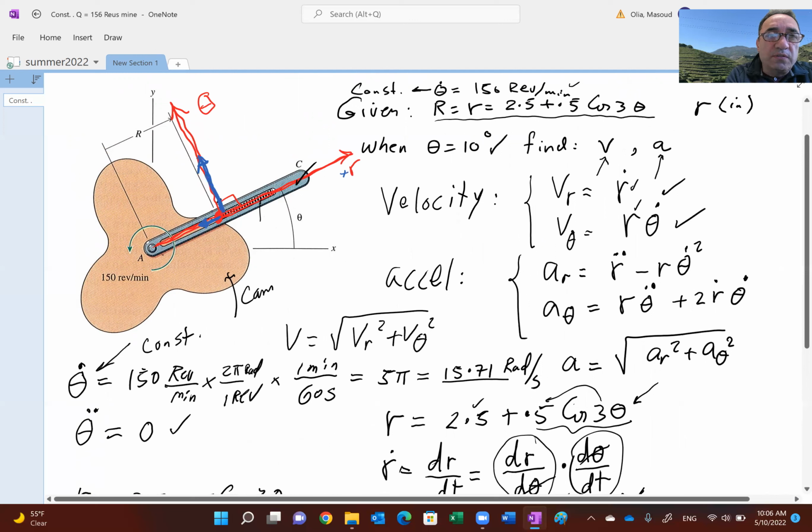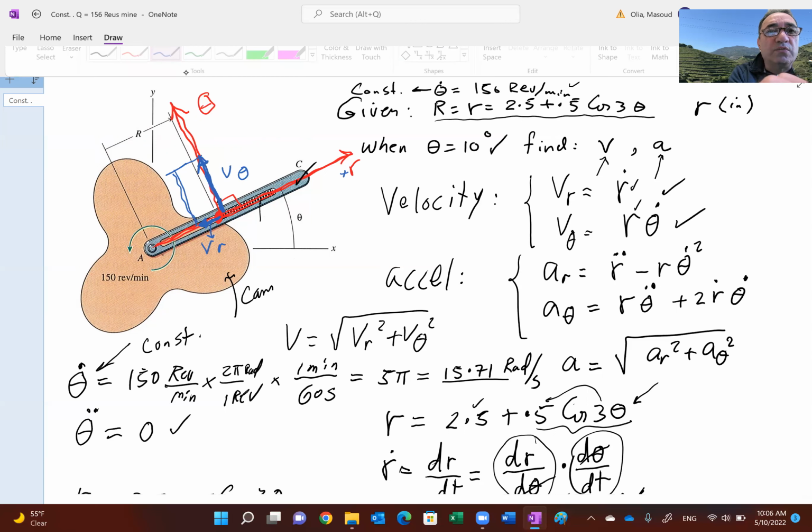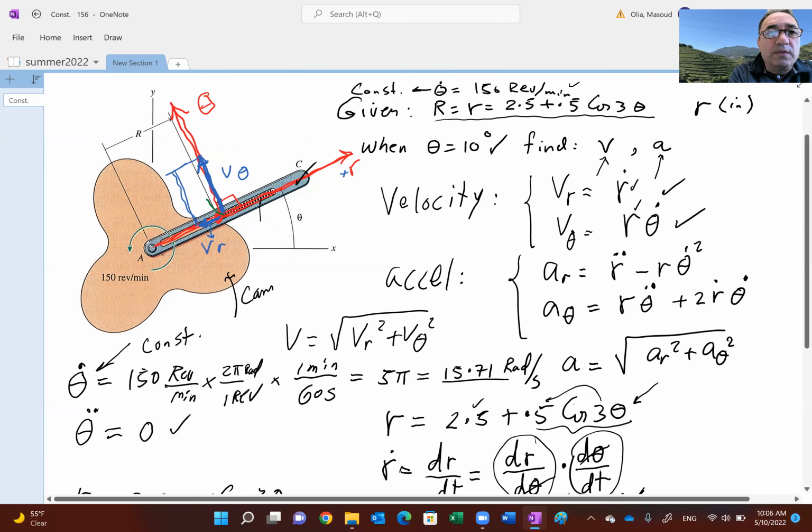So this is in a way V sub R, this is V sub theta, and what I just determined for you was the V. Now, if you draw this carefully, this velocity here has to be tangent to this profile. Velocity by default is always tangent to the path. So if this is the profile of the cam, that's the velocity, tangent to the path.